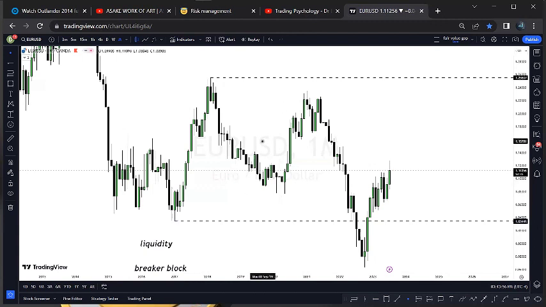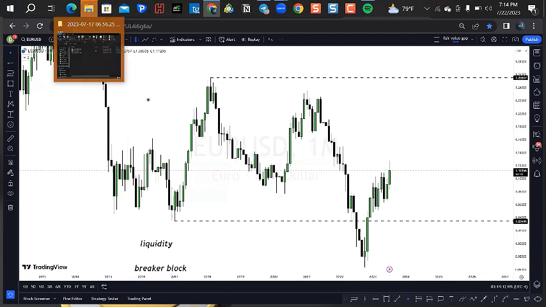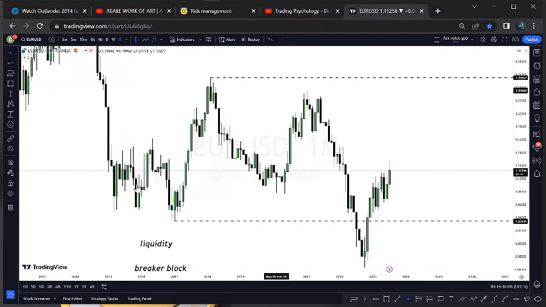What do you have? Now, looking at this high to this low, you have different bearish candles. The bearish candles are in black, and the bullish candles are in green.